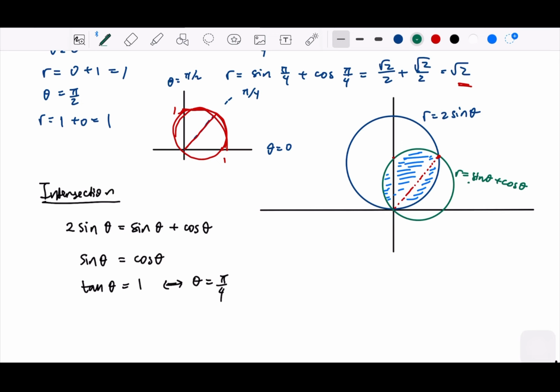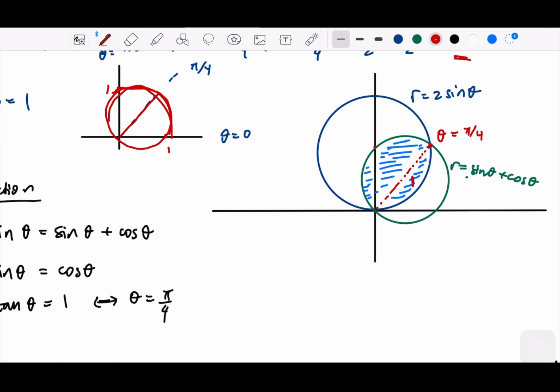So if we define, so we have this area, the blue, this shaded area. Now if we cut this, because this is pi over 4, now if we would like to define this become 2 areas, so the first one, let me draw first, number 1 here, number 2 here.